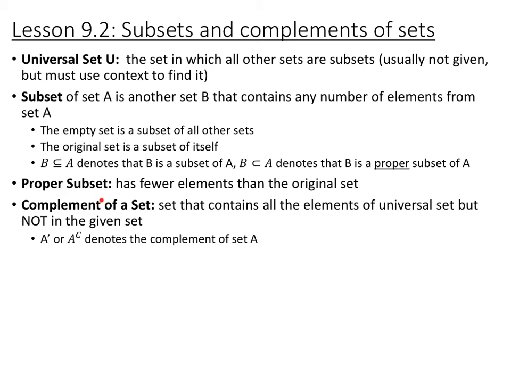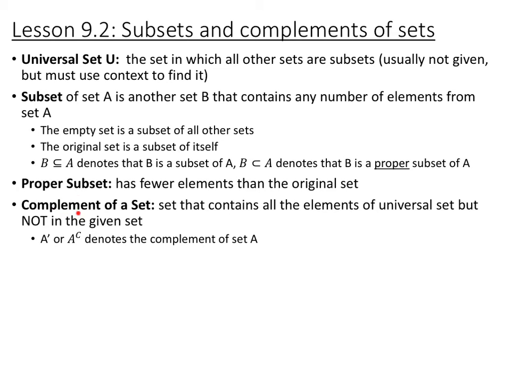A complement of a set are all the elements that exist in your big overarching universal set, but do not exist in the given set. So for example, we denote a complement with a little apostrophe here, or also with a little C up in your superscript.